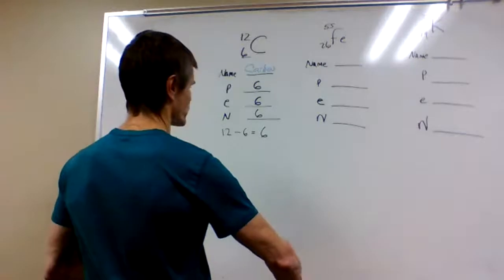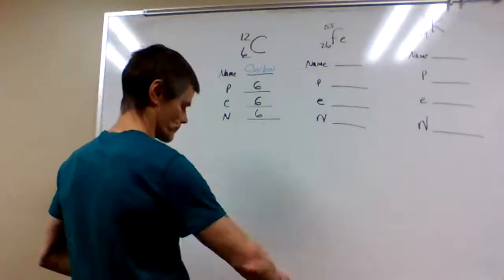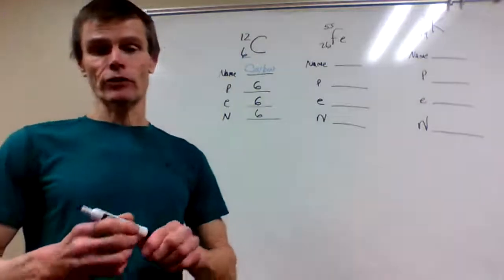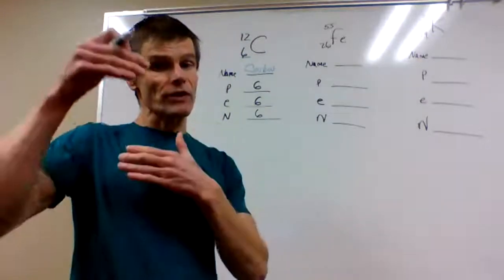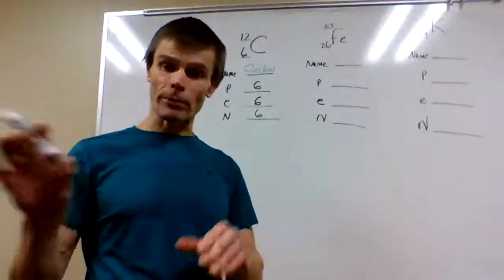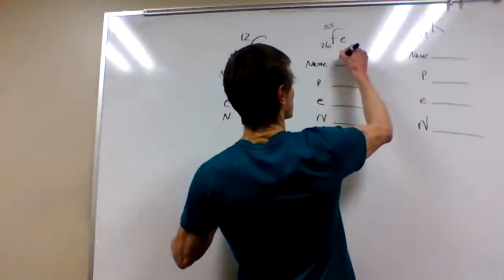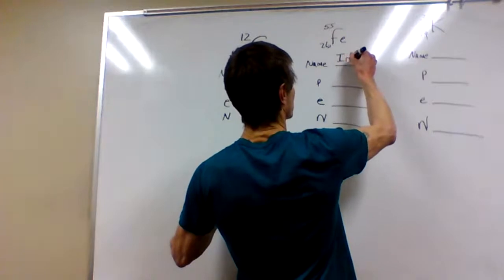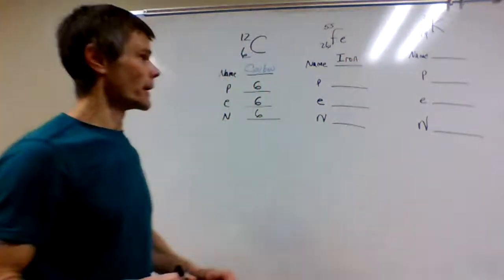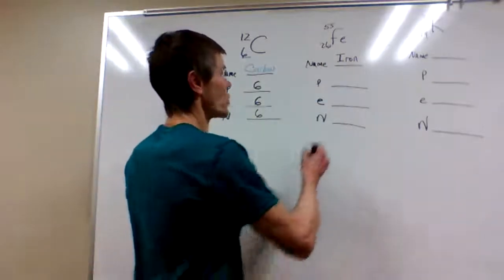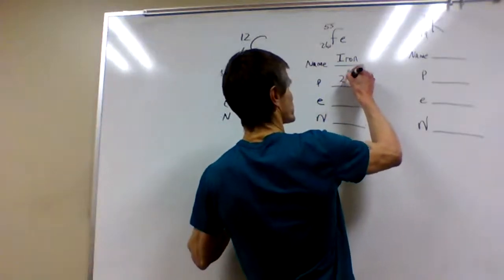Let's try another example here. Fe. Now, Fe is one of our transition metals. It's not one of the ones you need to memorize, but you should be able to use a periodic table and find that Fe is iron. The number of protons is the smaller number listed here. That's the atomic number, 26.